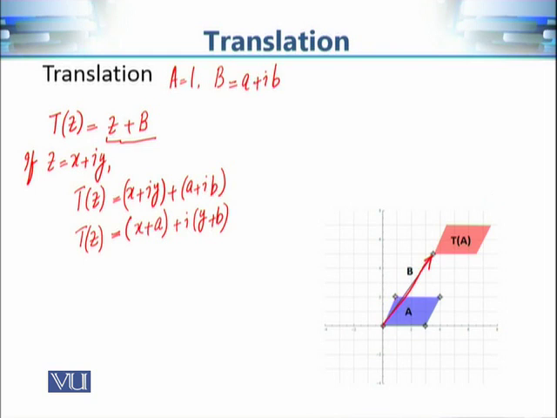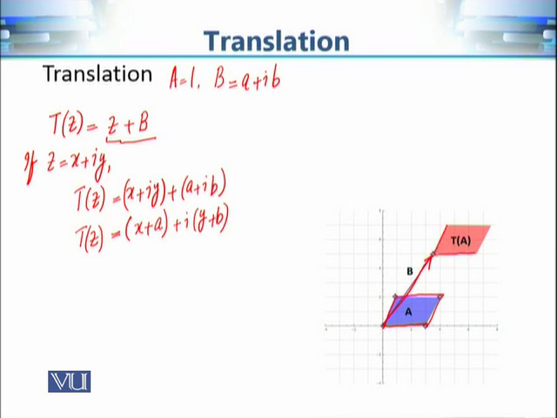In particular, if we have a set A, which is a rhombus in this complex plane, then applying T on A means that we are displacing this rhombus in the complex plane through this vector b.